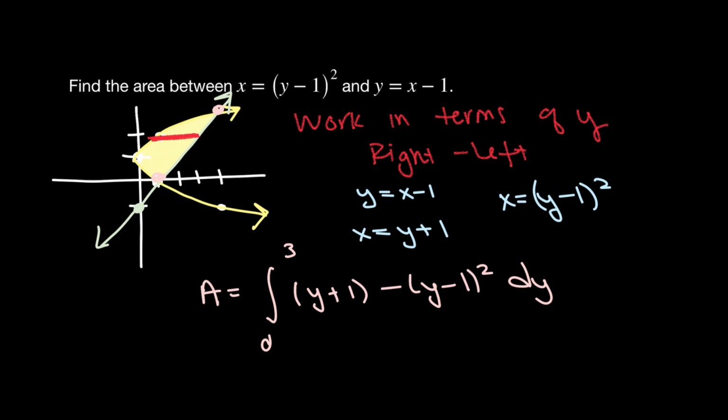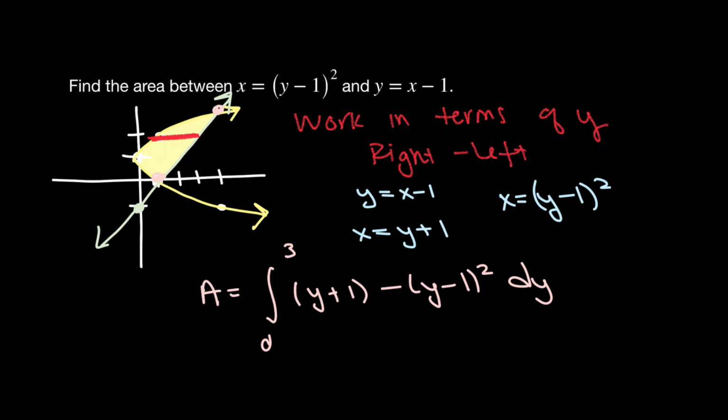One thing to notice is because we're working in terms of y, because we decided to slice horizontally and use the little dy, everything in our integral has to be a y, including our bounds of integration. So the 0 and 3, it's really important that those are y values as well.